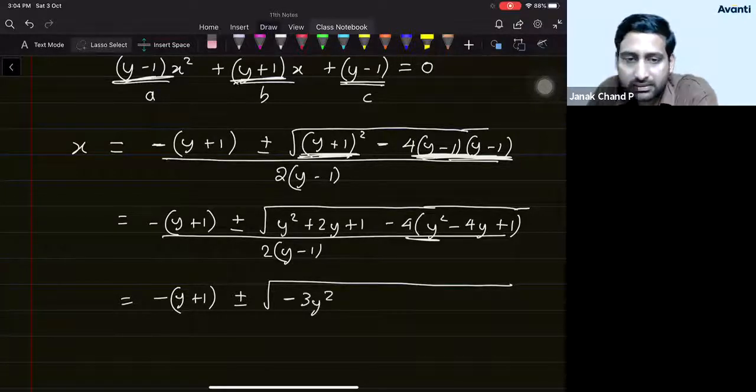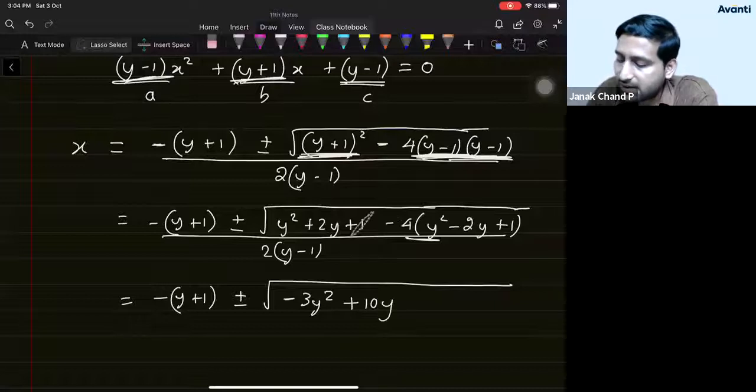This minus this. Next, I have 2y here. This minus into minus will make it plus. Sorry, this will not be 4. This will be 2. Yes, thank you. Okay, so student, this minus sign with this minus will make it plus. So now 4 2s are 8. I will get 8y here, which will get added with this. So it will become 10y.